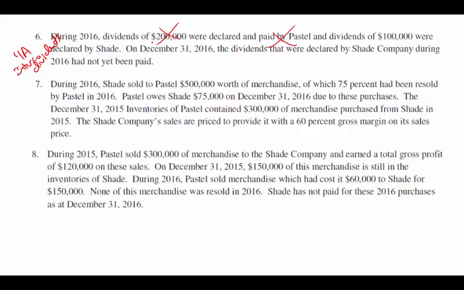Number 7. During 2016, Shade sold to Pastel $500,000 worth of merchandise, of which 75% had been resold by Pastel in 2016. Pastel owes Shade $75,000 on December 31st, 2016 due to these purchases. We'll just stop there as that identifies an intercompany transaction for us.